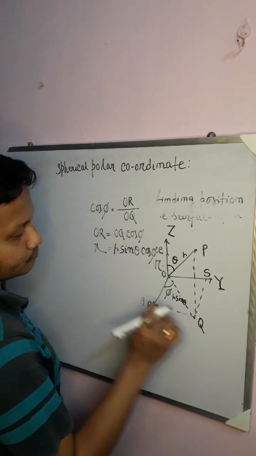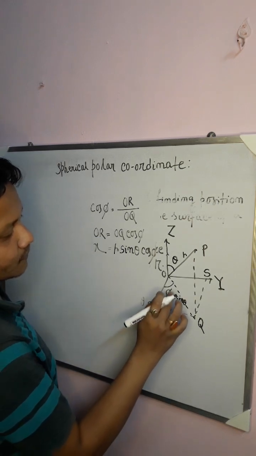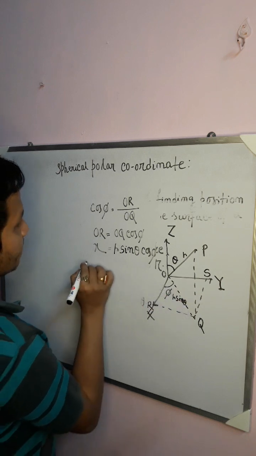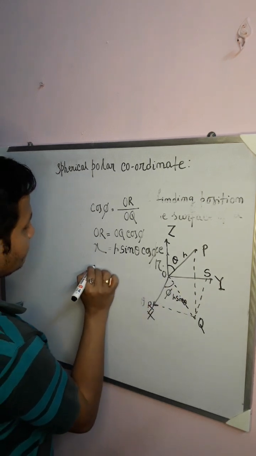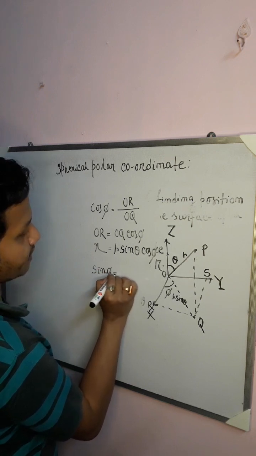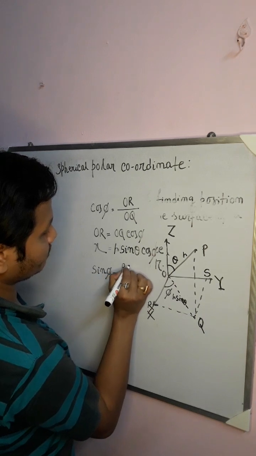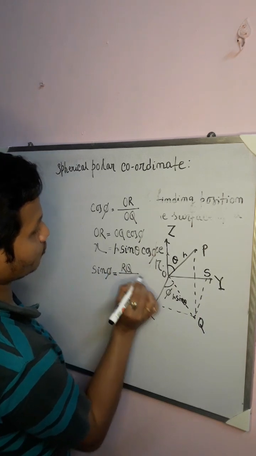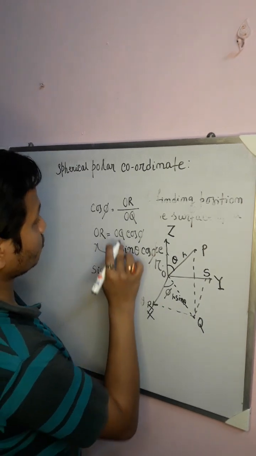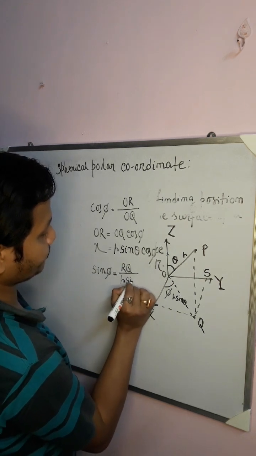Now what would be the value of sin phi from this triangle? It is RQ by OQ, and OQ is r sin theta.